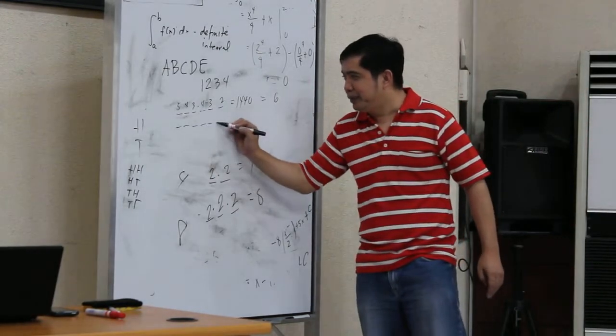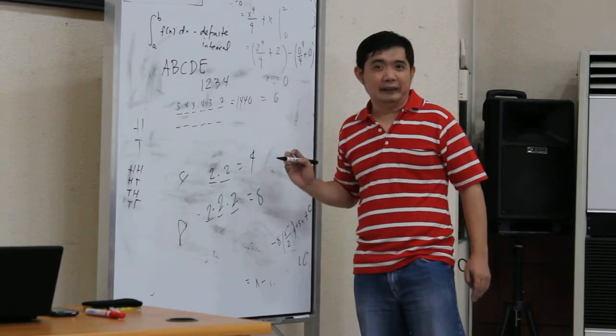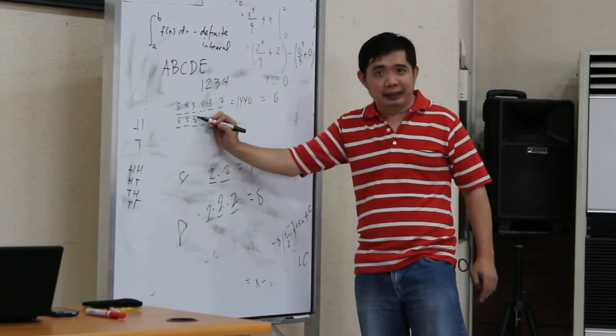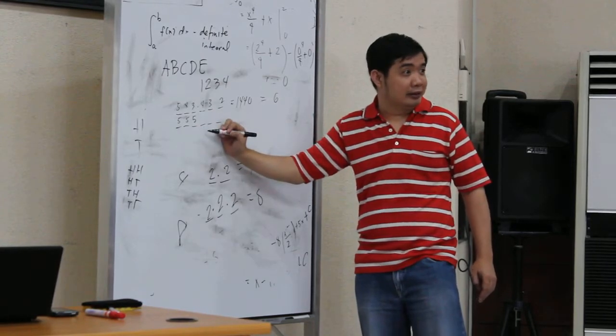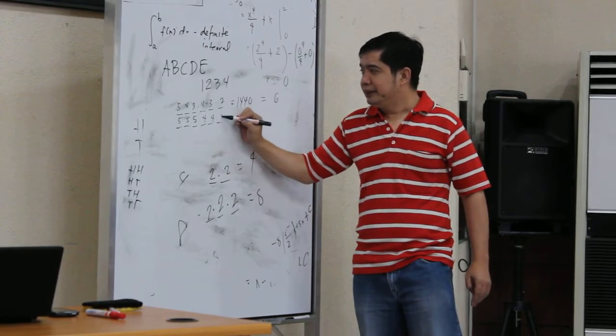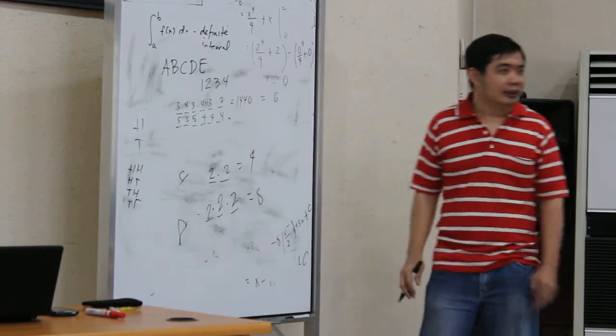So, 5 times 5 times 5. Okay, kasi pwede umulit. For the numbers, 4 times 4 times 4. Okay, that's the answer.